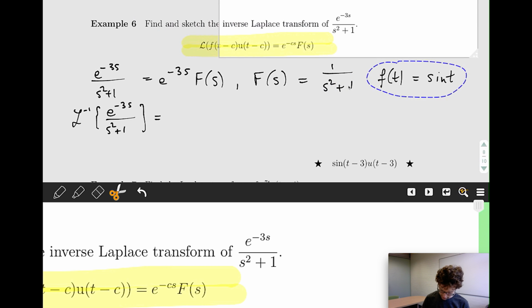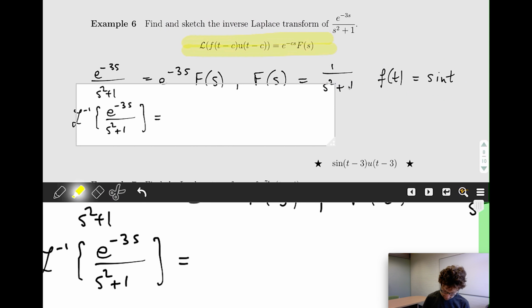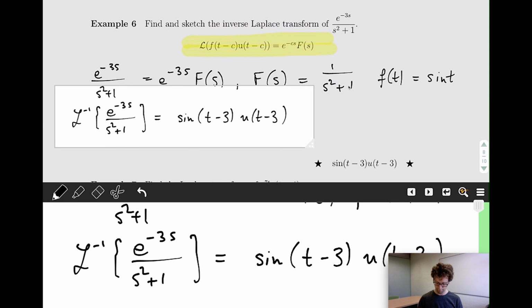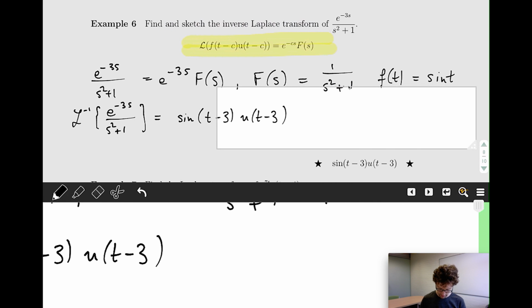So what's the shifted cut version of that? It's going to be shifted by 3 and cut at 3. So it's a shifted cut version of sine of t. So what would that look like?